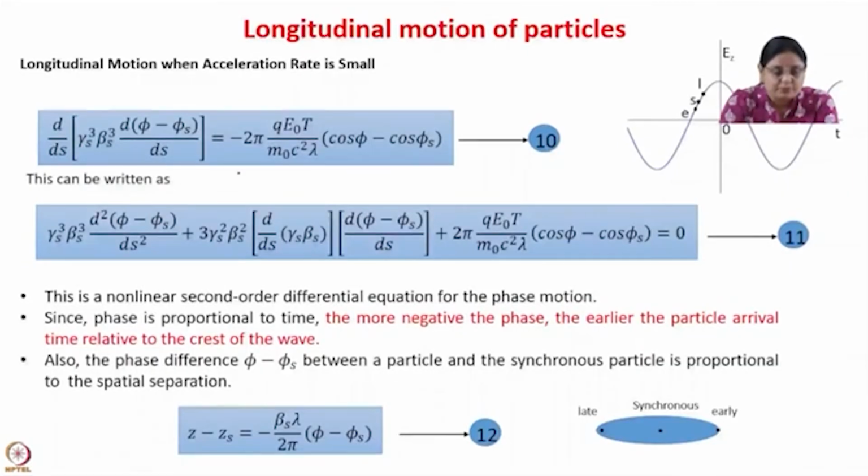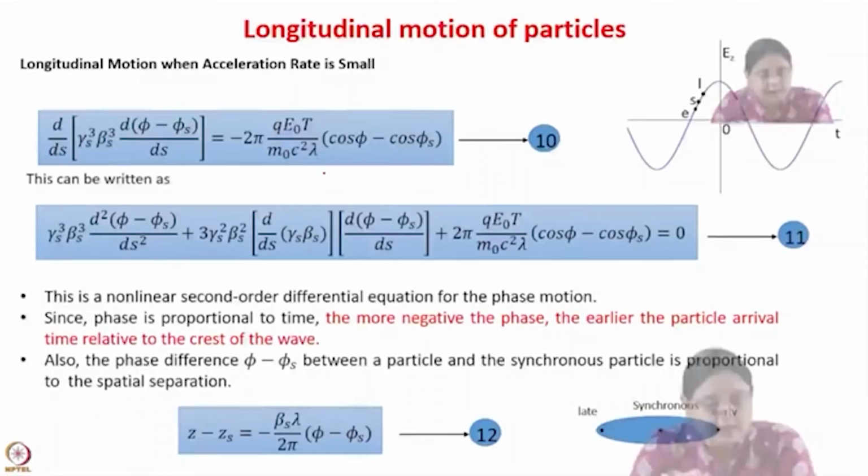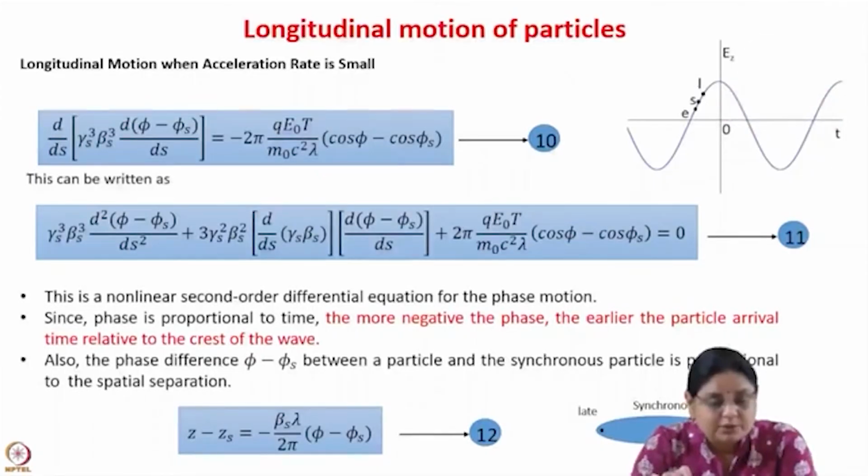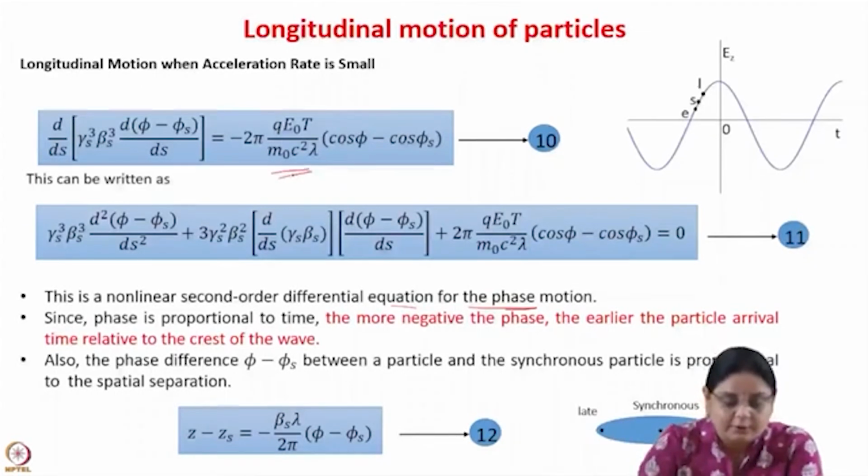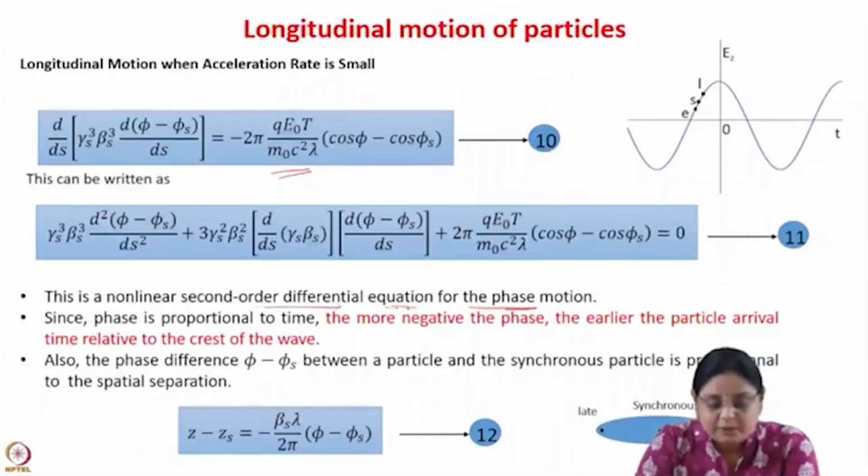So we see that this equation in phi and w is a non-linear second order differential equation for phase motion. So from energy and phase, we have converted into a single second order differential equation for phase, and so we see that this is a non-linear second order differential equation for phase motion.